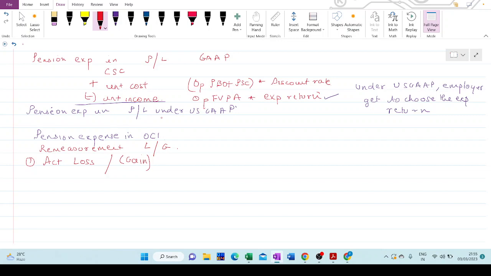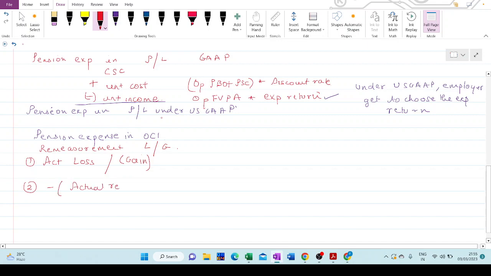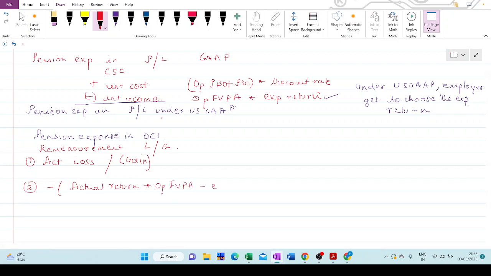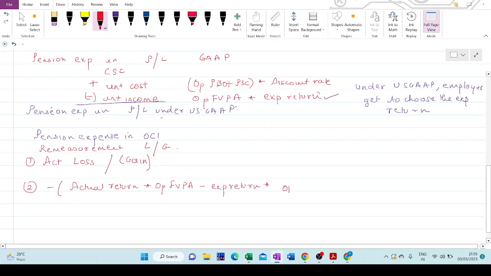So this is my actuarial loss and gain, right? So the second component is we deduct the difference between actual return into opening FVPA minus expected return into opening FVPA from our actuarial loss, right?